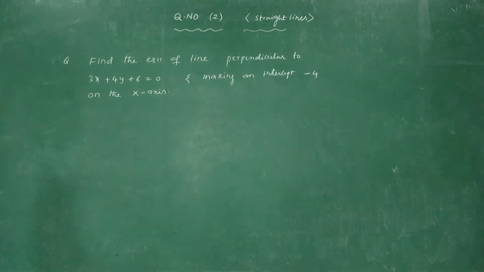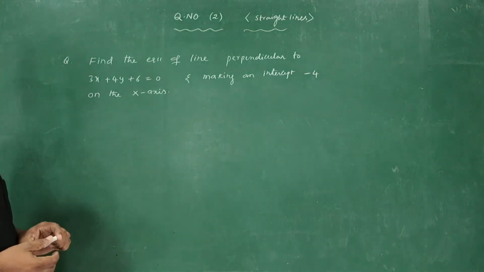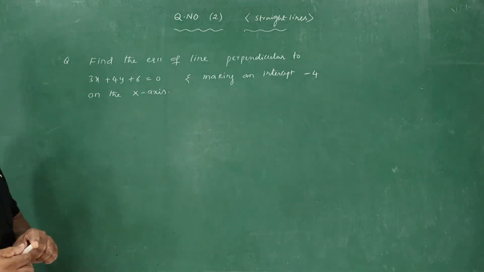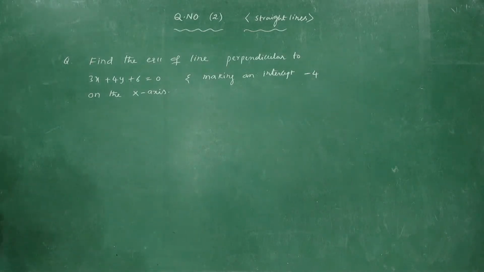This is the question. Find the equation of line perpendicular to 3x plus 4y plus 6 equal to 0 and making an intercept minus 4 on x-axis. That is the question.